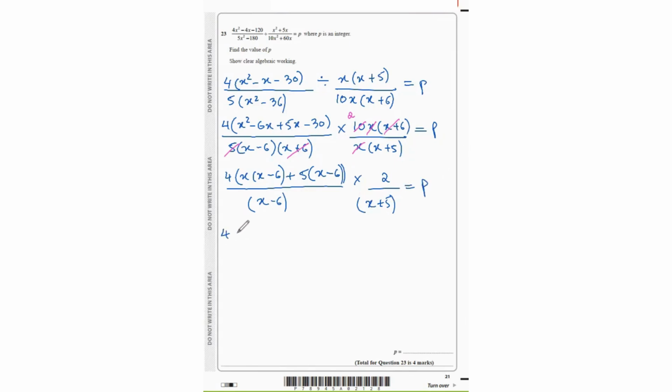So that's 4 bracket x minus 6 times x plus 5 over x minus 6 times 2 over x plus 5 equals b. Again, we have x plus 5 getting cancelled out, x minus 6 getting cancelled out. So it's 4 times 2, and 8 is your value of b. That's your answer.